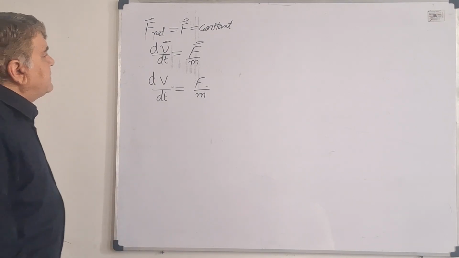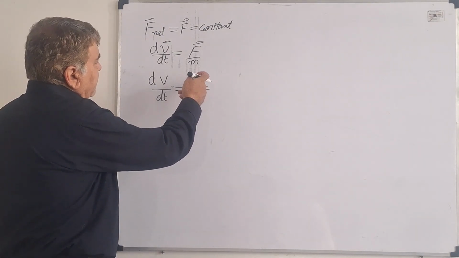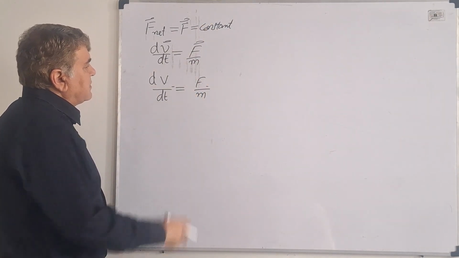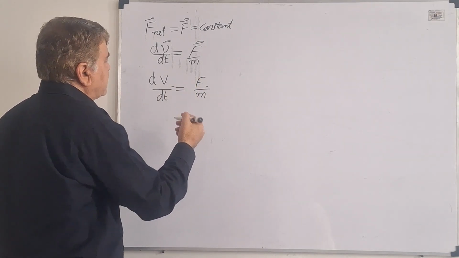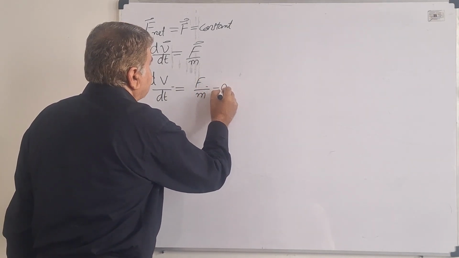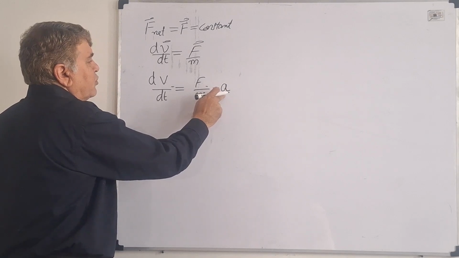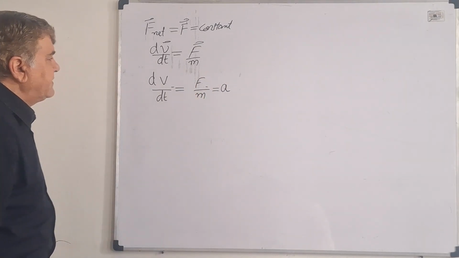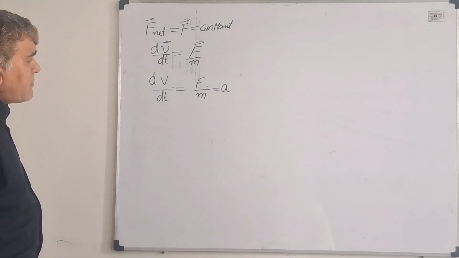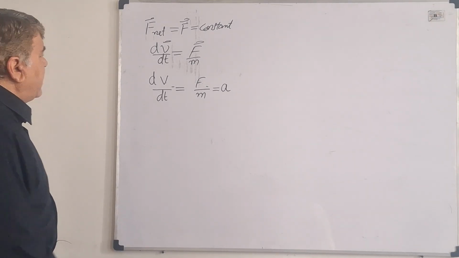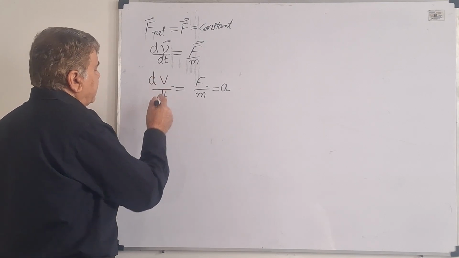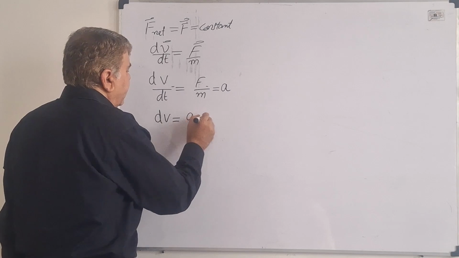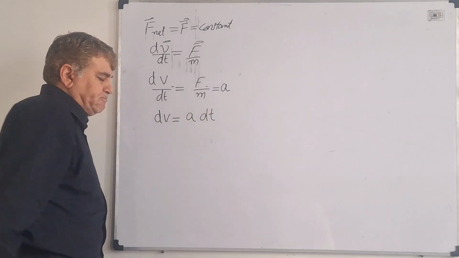Now, since on the right side F is constant and m for a particle is constant, this ratio is constant, and we write this ratio as acceleration a, and this acceleration is along the x-axis because we are dealing with F along the x-axis. Then I can write this equation in separable form by separating the derivatives: dv equals a times dt.